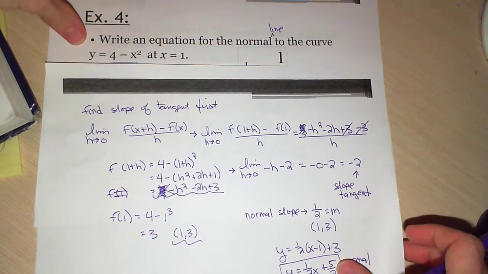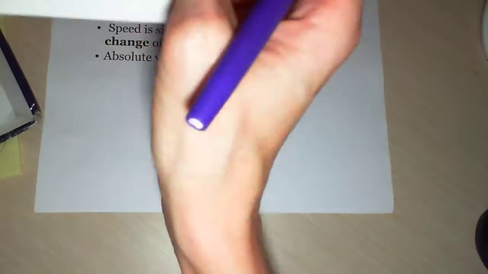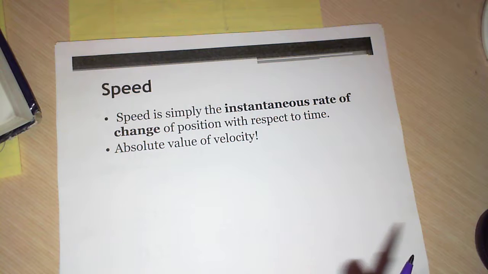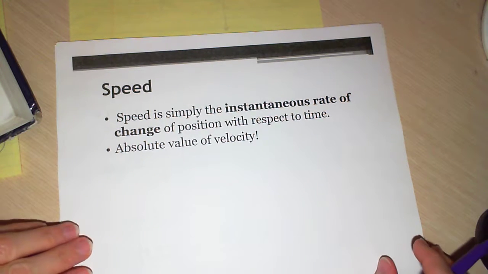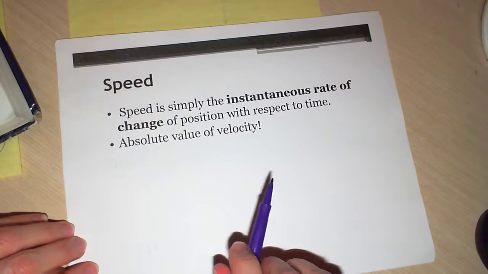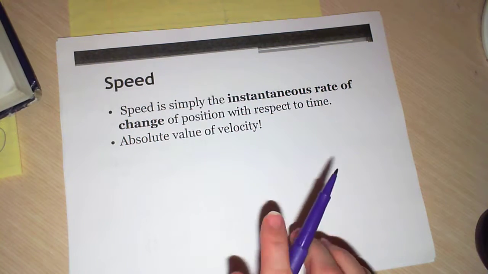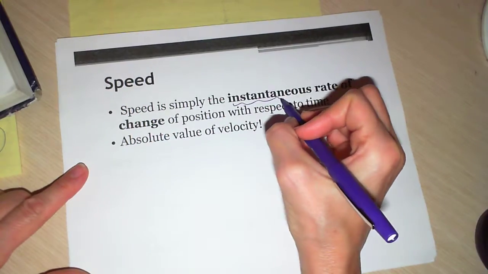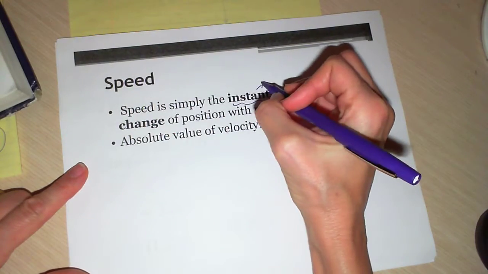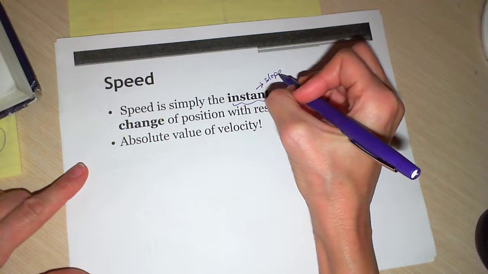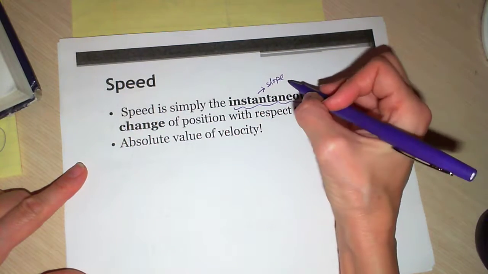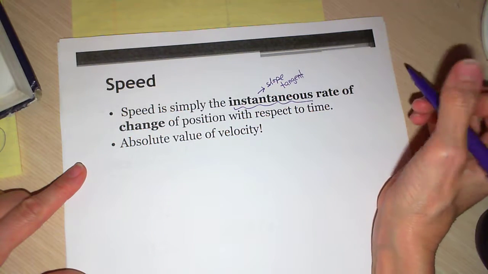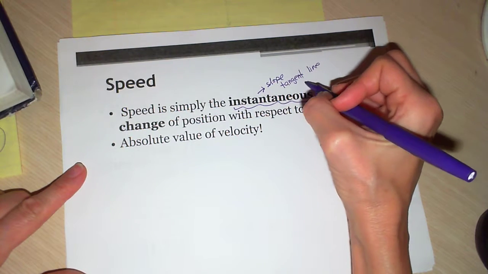Another application for these problems are speed problems. We're going to do a ton more of these speed problems as we go on, but the speed problem is an instantaneous rate of change. And remember, instantaneous rate of change, that's when it's actually the derivative, but right now we're still going to say it's the slope of the tangent line at a point.